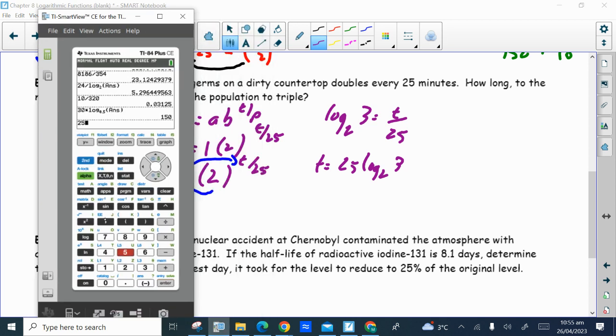So it's 25 times log base 2 of 3. The question says how long to the nearest minute? It would be 40 minutes when we round to the nearest minute.